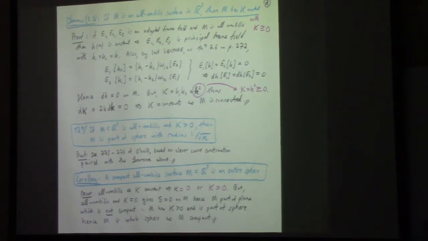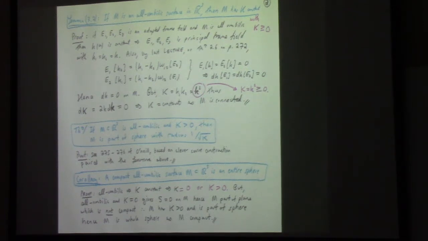And this is one of those, I would encourage you to read the proof of this on page 275, 276. It's very cool. Basically what he does is he takes the given constant Gaussian curvature and builds essentially the equation of the sphere from it, and then proves that the equation works, give or take. It's a very, very, very cool proof.